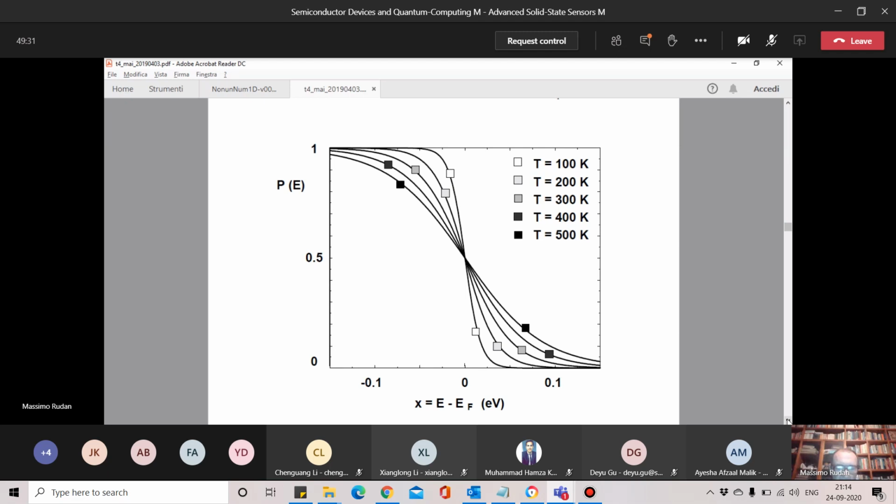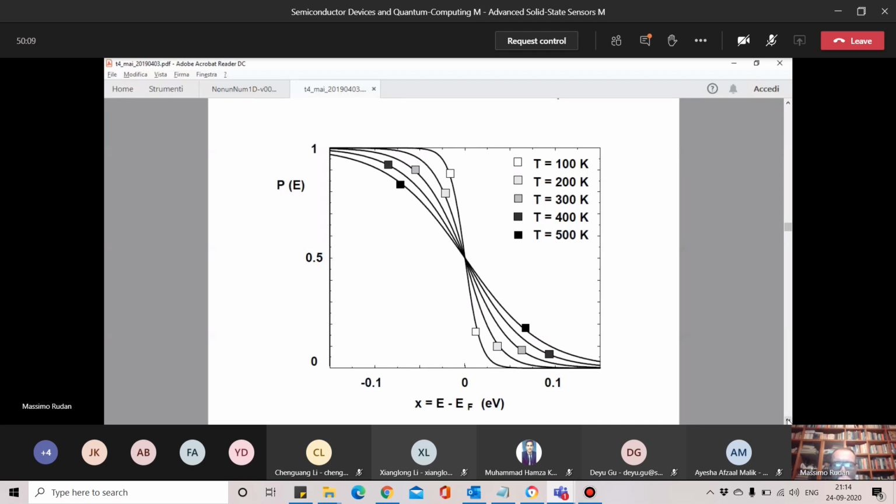And when we go to the left, so for values of energy that are smaller than the Fermi level, the limiting value is equal to 1, which means that energy states whose energy is significantly smaller than the Fermi level have a probability of being occupied by one of the electrons of the system which is practically equal to 1. So they are all occupied.